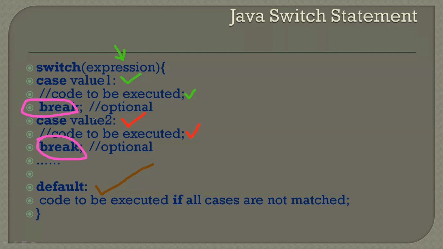If any one case is executed, then we just come out of the switch, because of the break statement. So let us see one example on this switch statement.